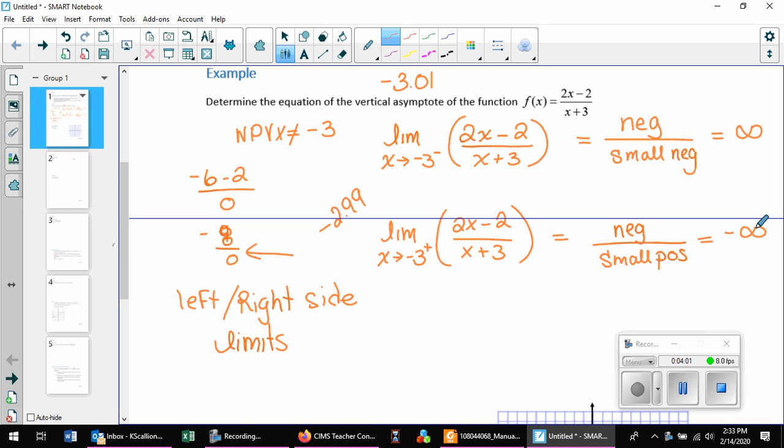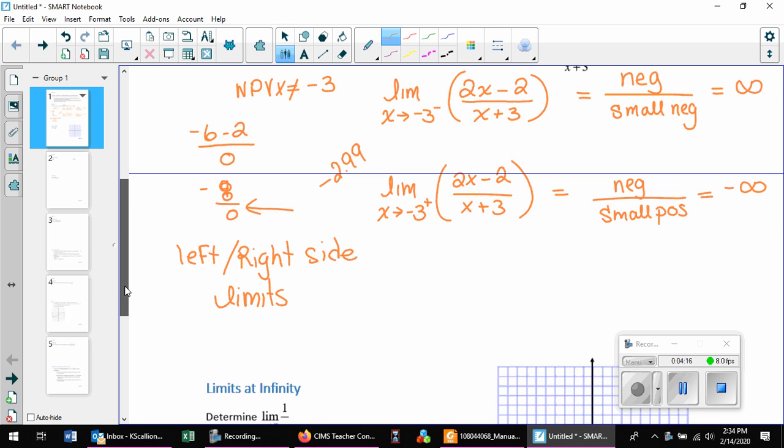Okay, so here's the thing that you need to know. If your limits are approaching infinities, that means that negative 3 is going to be an asymptote. Okay, so write this note down somewhere.